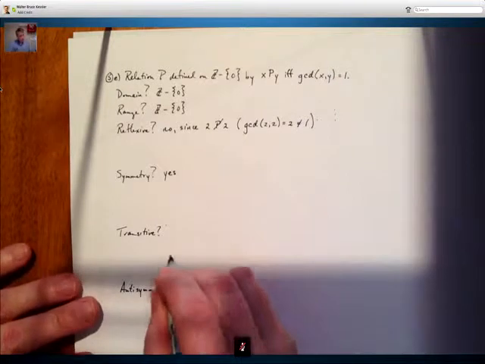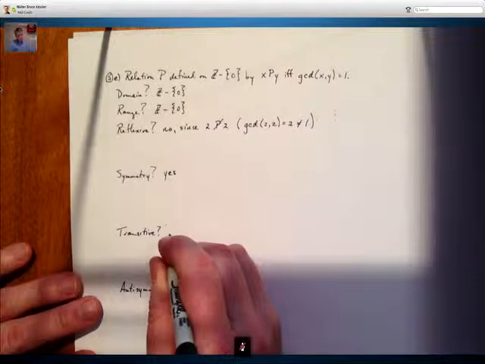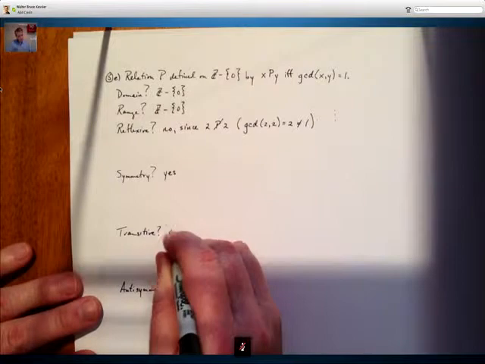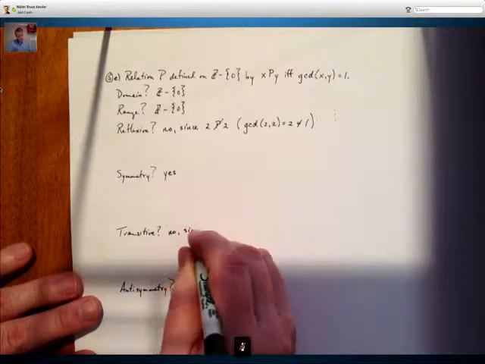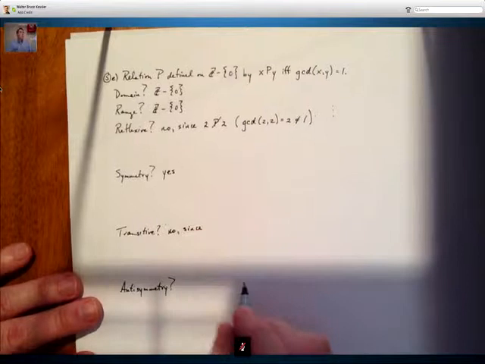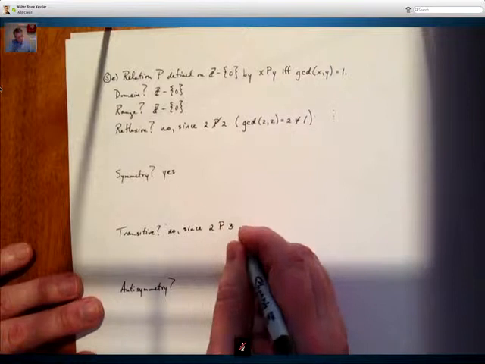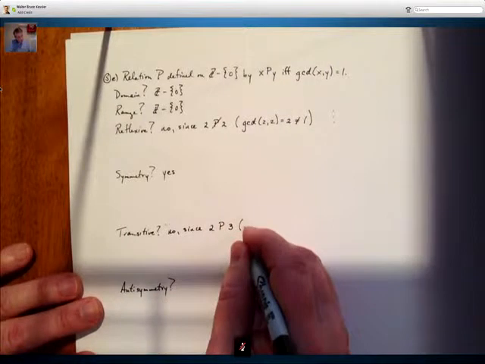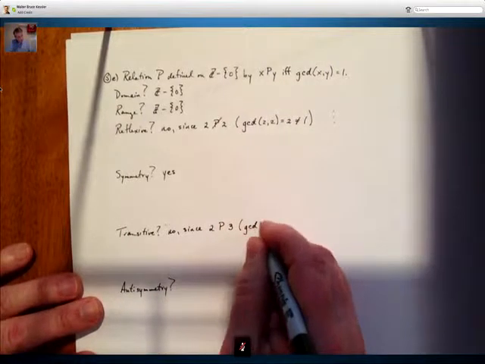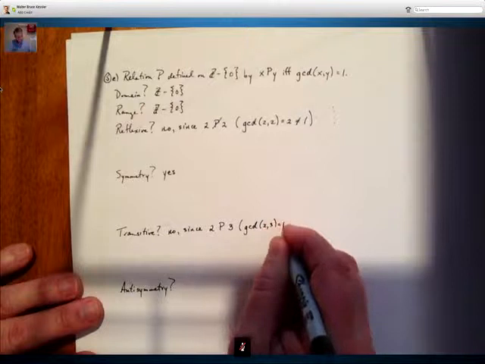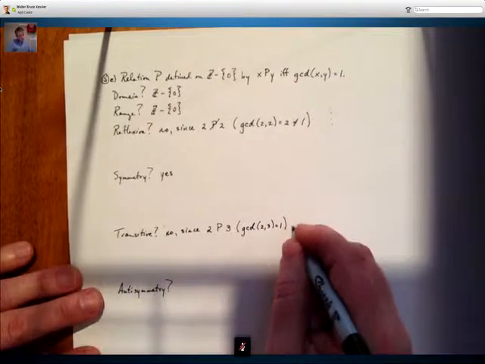And then transitive, I think you'll find doesn't work. Let's think of an example. 2 is related to 3, and that happens because the greatest common divisor of 2 and 3 is 1.